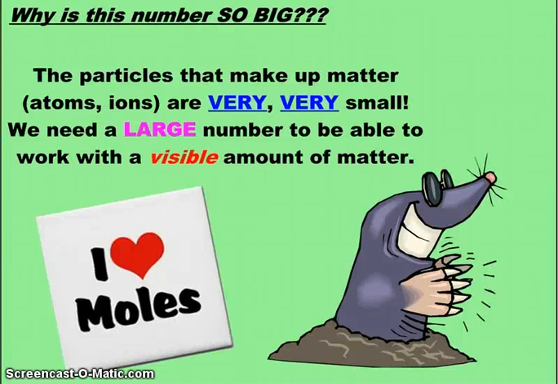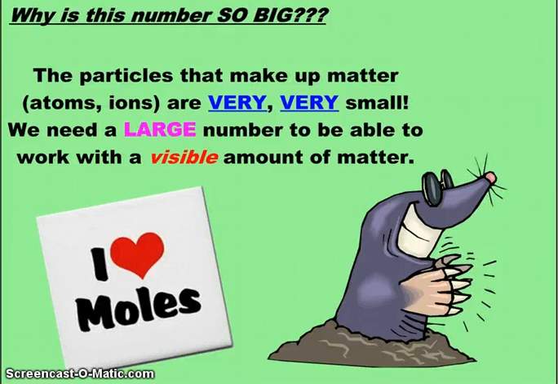If I put, for example, 6.02 times 10 to the 23rd atoms of hydrogen together, it'll only be 1 gram, and that's barely visible, barely a workable amount of matter. So that's why that number has to be so big, and that's why the mole is so integral to chemistry, because of the atoms and ions that make up virtually everything, and we're constantly working with that.